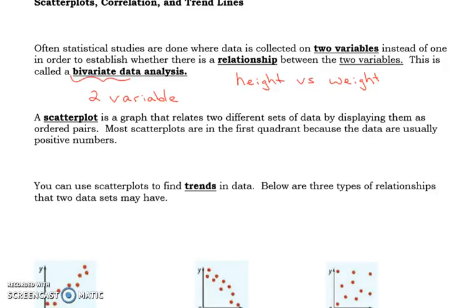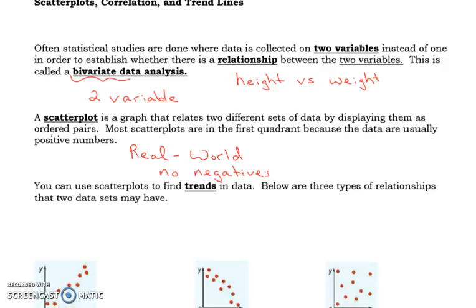Most scatter plots are in the first quadrant because the data is usually positive numbers. Remember, when we're talking about real-world situations, we are typically in the first quadrant because we can't have negative time or negative distances or something like that. Unless we're talking about temperature. If we're talking about temperature, sometimes we'll have negative values.